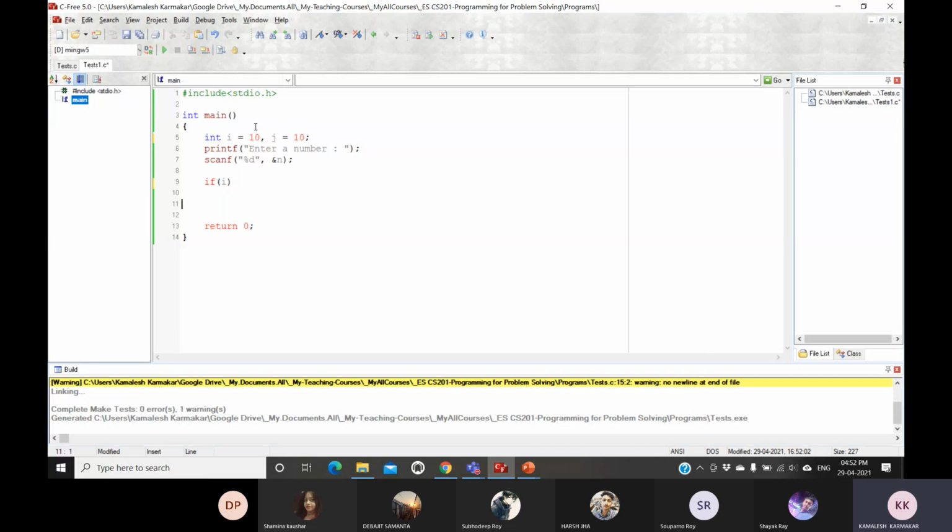Now I'm going to check this logic. If i equals j, I will print the result.